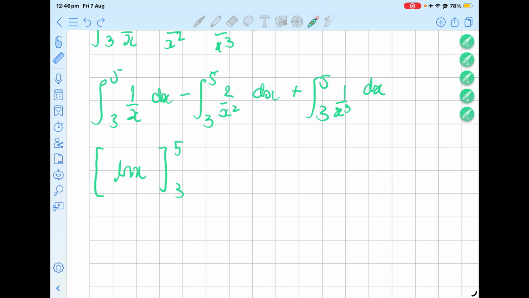So now how do you solve this? I could write this as 2x to the minus 2 plus 1, so that's 2x to the minus 1, upon minus 1.